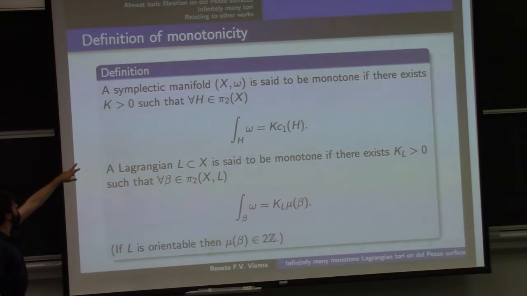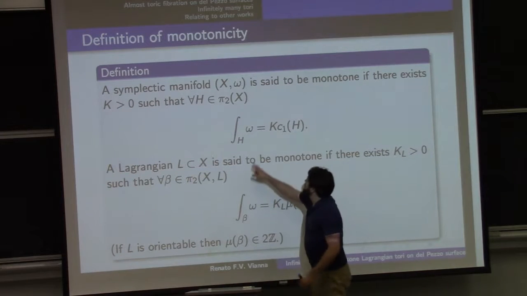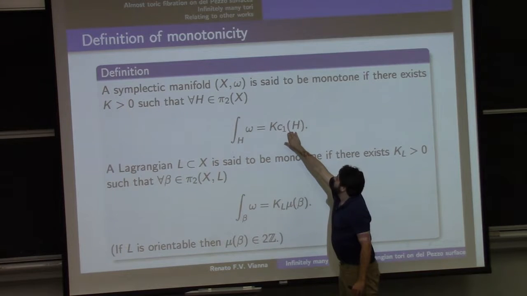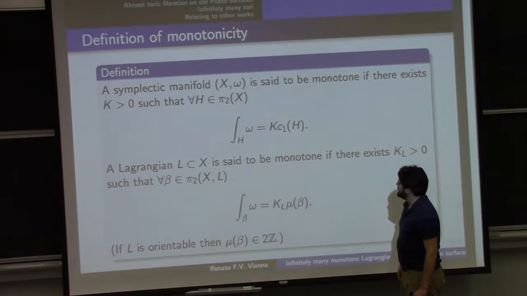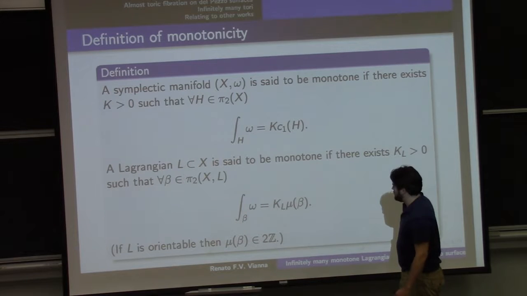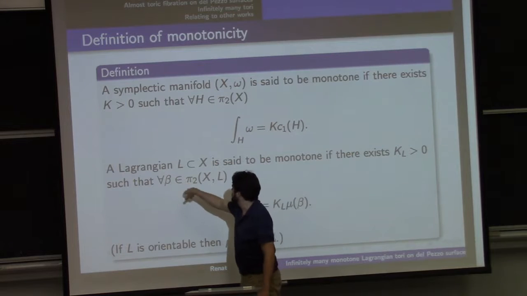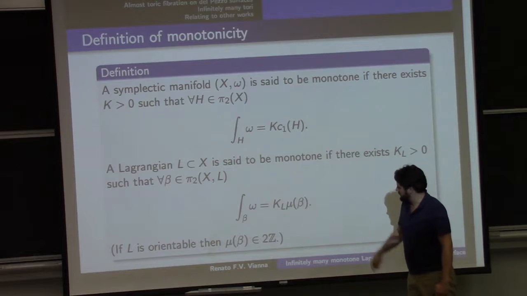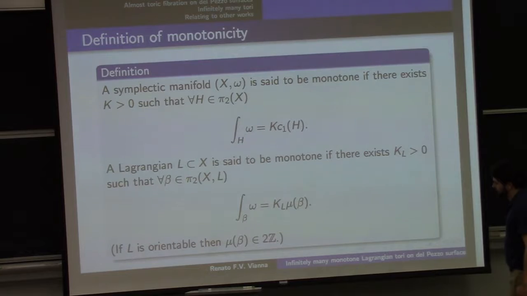We say that the symplectic manifold is monotone if, at least when restricted to pi2 of X, the symplectic form is positively proportional to the first Chern class. And the Lagrangian is said to be monotone if any disk with boundary on your Lagrangian has its symplectic area proportional to the Maslov index.